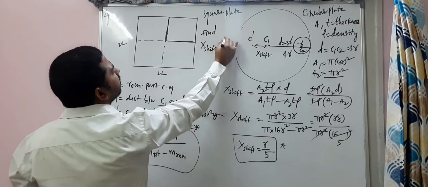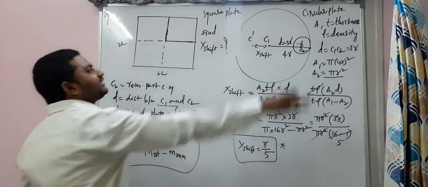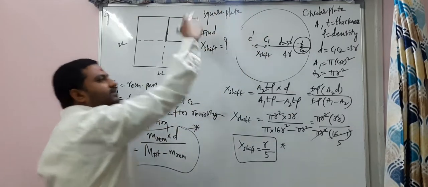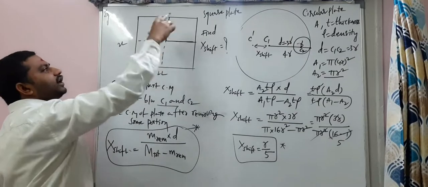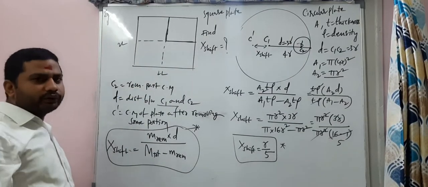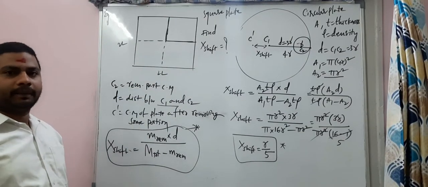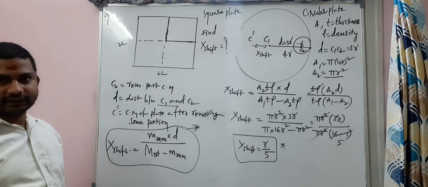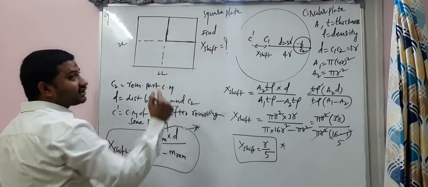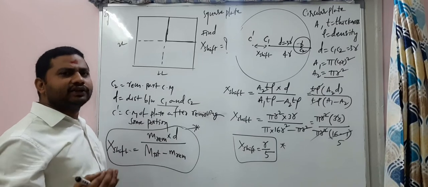See how simple the question is. This is a circle. This is a square. From the circle, one part is removed. From the square, one part is going to be removed. So you understand better, because first time we are learning all these things, that is why I'll give a little more input.